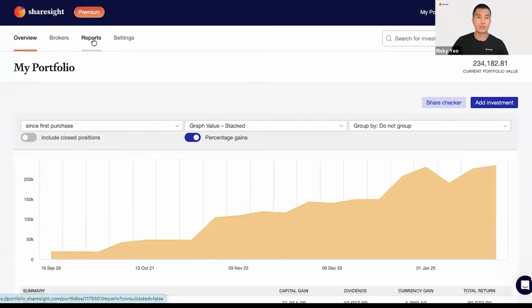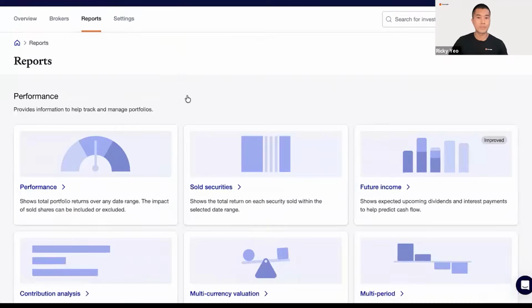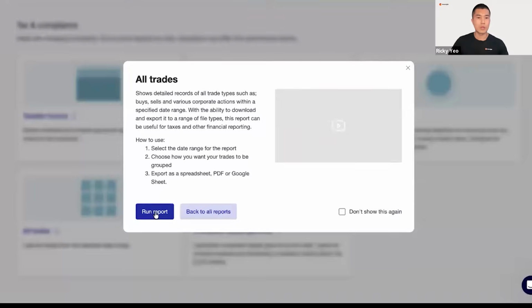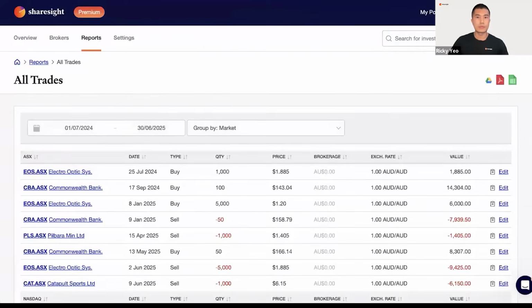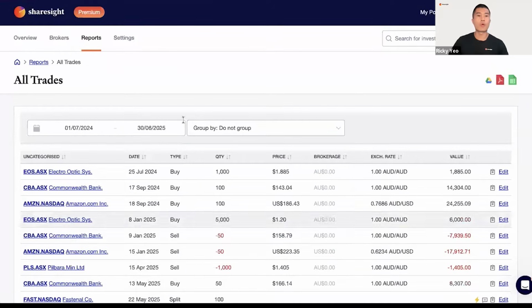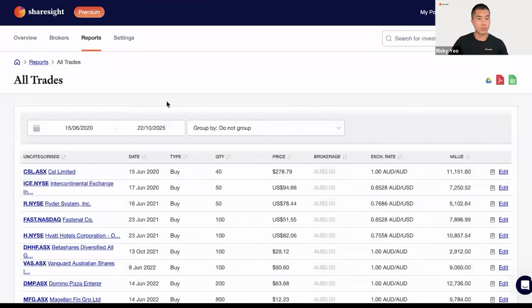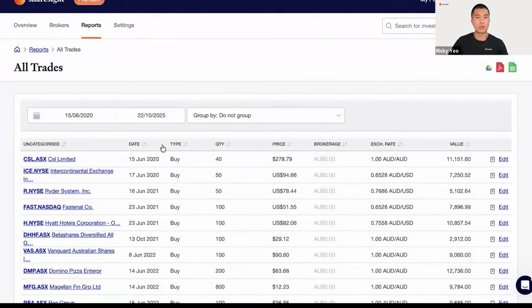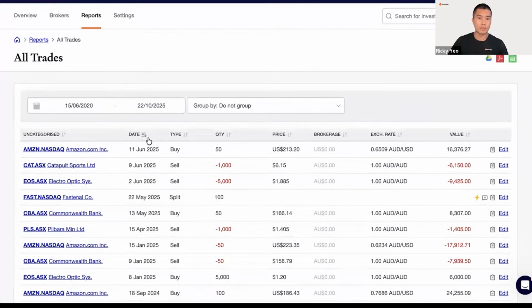One way you can do that is to use the all trades report. What I would do is set the all trades report to since inception, then set it to do not group, and sort the date from the most recent trade to the oldest trade.